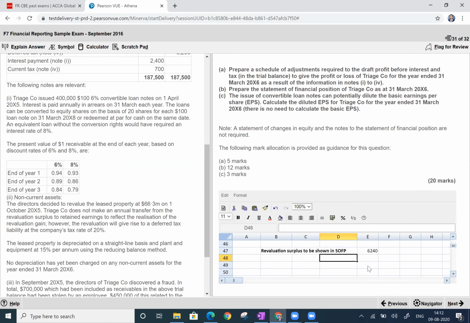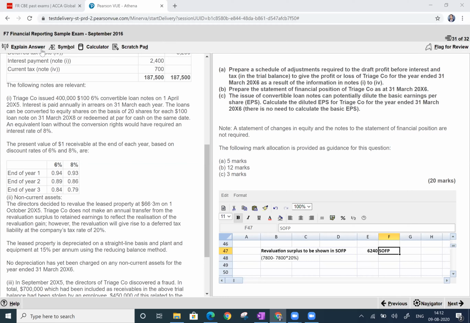So this is 7,800 minus 7,800 into 20%. In other words, you'll be showing 80%, which is 6,240. So I'm highlighting this here, and I'm also writing here SOFP, so all the columns in F suggest where you have to show this. Done.